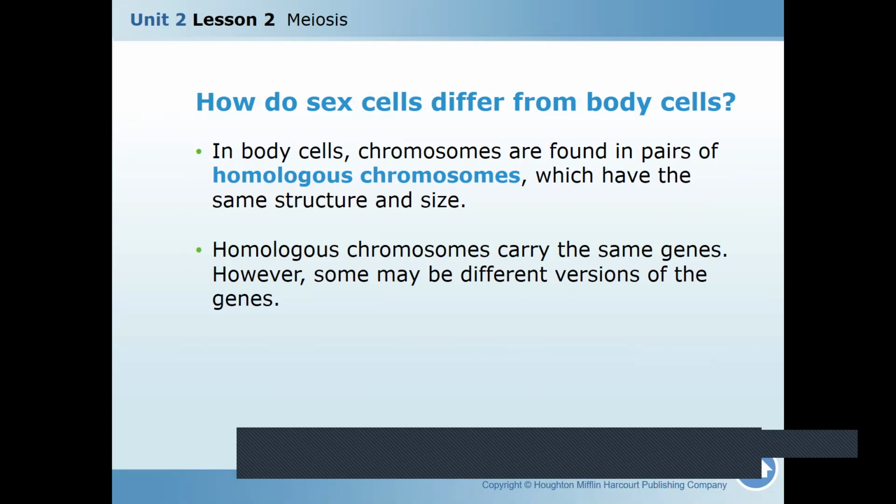There is no difference. The same structure, the same size. They carry the same genes. That's why you resemble your parents. You resemble your grandmother, your father, or your mother. However, some may be a different version of the genes. The version can be different, but they look the same.